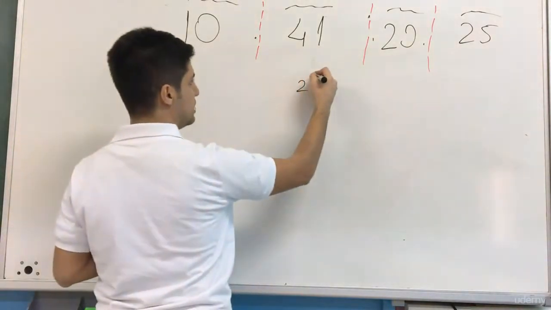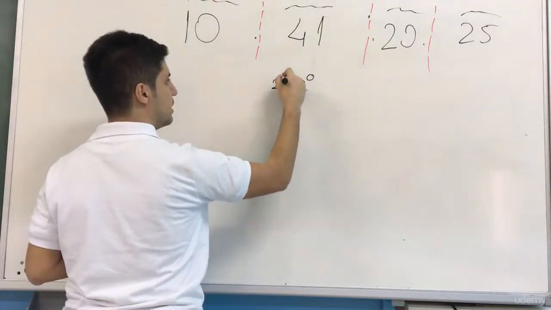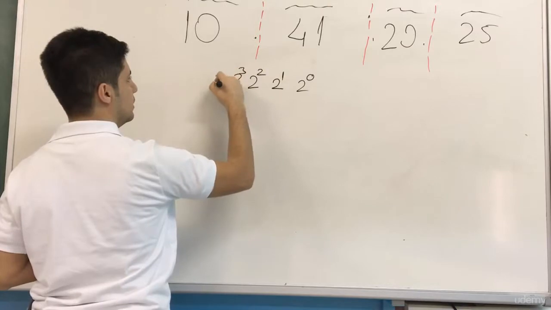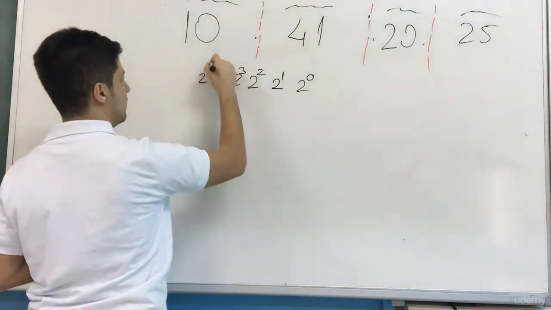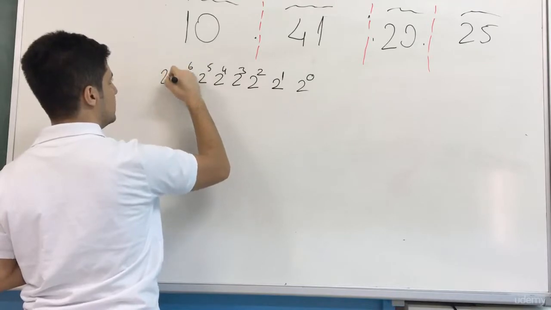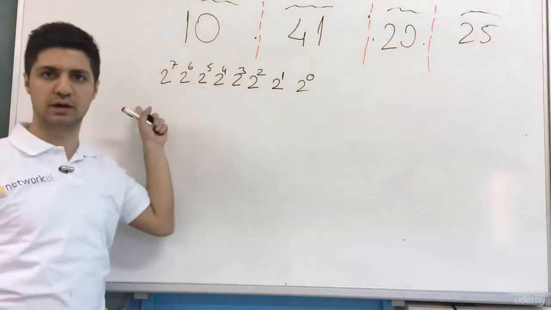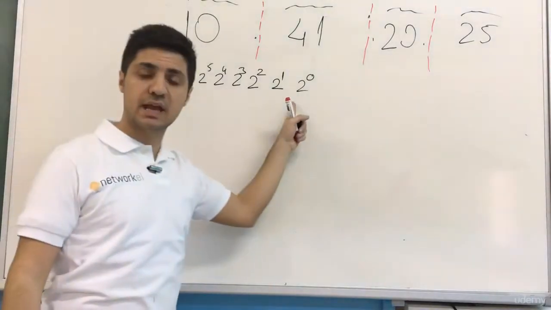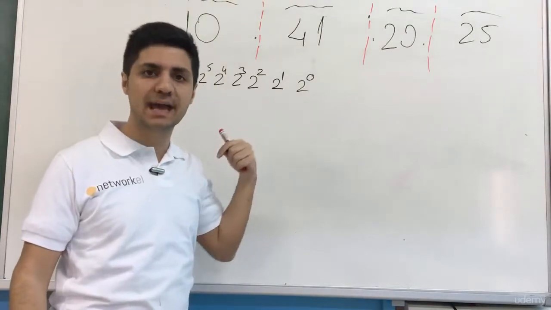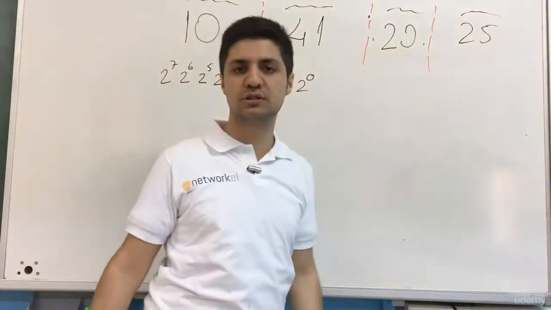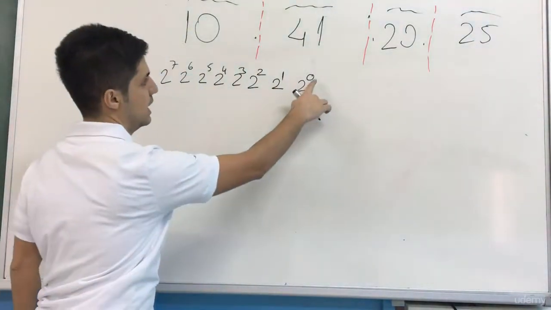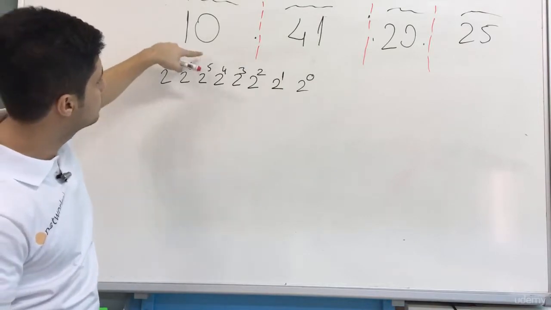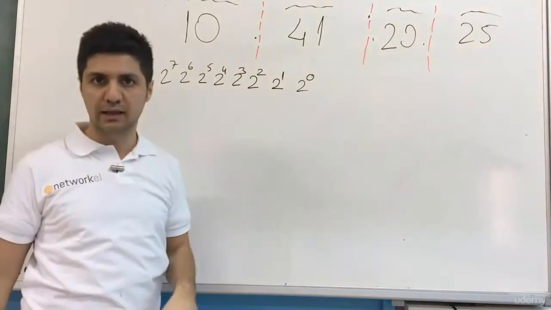Alright, 2 to the power 0, 2 to the power 1, 2 to the power 2, 2 to the power 3, 4, 5, until 7. Why until 7? We're writing until 7 because each portion consists of 8 bits, and I'm beginning from 0 and ending with 7, which means 1, 2, 3, 4, 5, 6, 7, and 8, as you can see.